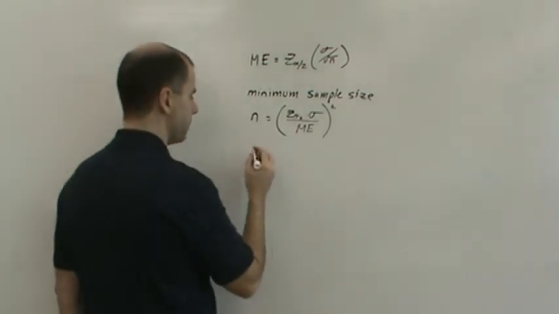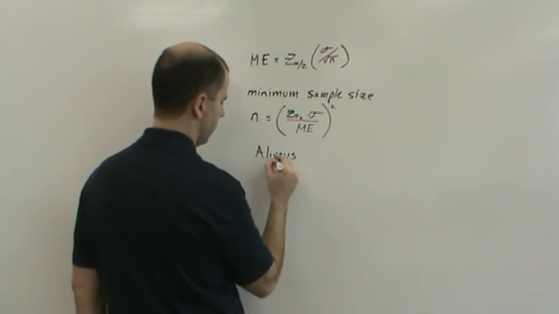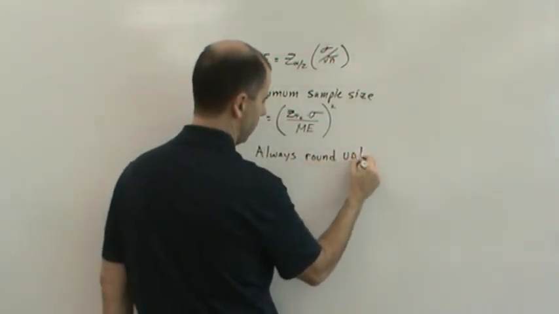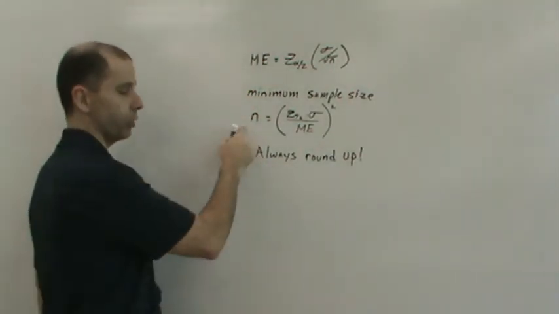And the thing about minimum sample size is we always round up. Always round up to the next whole number.